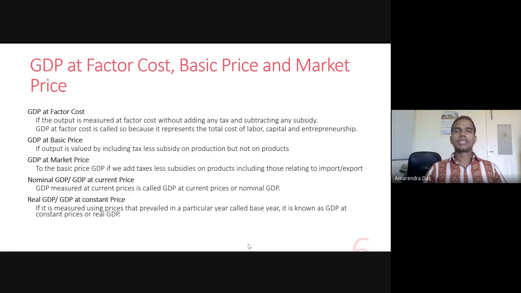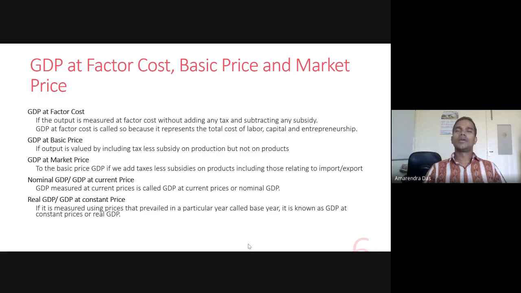So we can also say that GDP at factor cost is the GDP at factory level. That means whatever output has been produced at factory level has not gone to the market. That's how no tax has been imposed and no subsidy is received, and so that is called GDP at factor cost. So just for simplistic understanding, we can say it is the GDP at factory level.